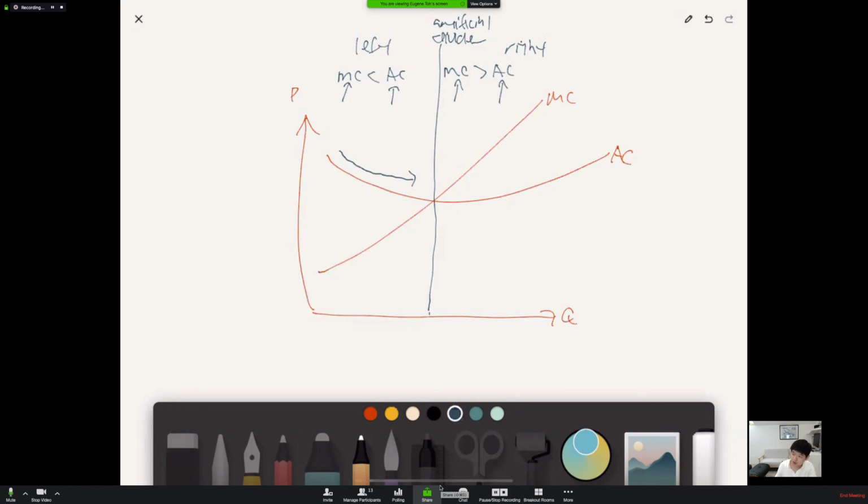When you add girls with a taller height to the class, what happens to the average height of the class? It increases. So the reason why your MC curve cuts your AC curve at the minimum point has nothing to do with econs. It's got to do with mathematics, the relationship between marginal amounts and average amounts.